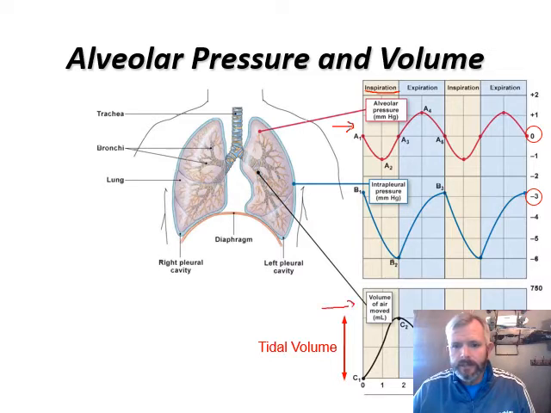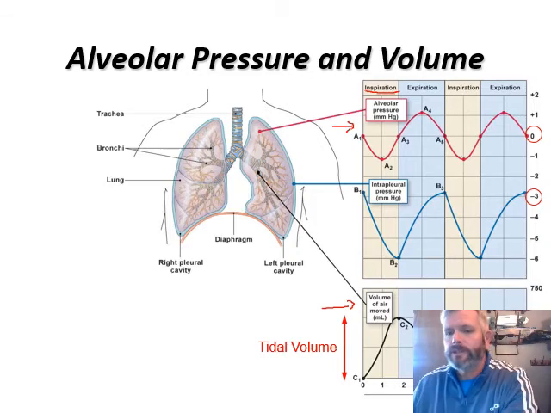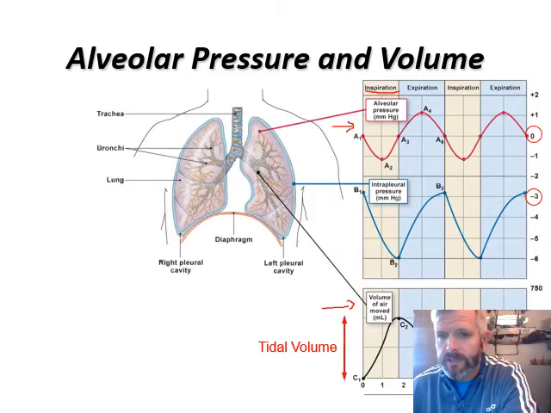We won't focus too much on the intrapleural pressure, but alveolar pressure, the pressure in the lungs, or intrapulmonary pressure as you've seen in other slides. Here is the zero. Zero is atmosphere. What is the atmosphere?